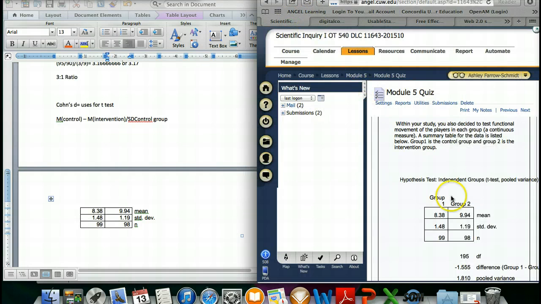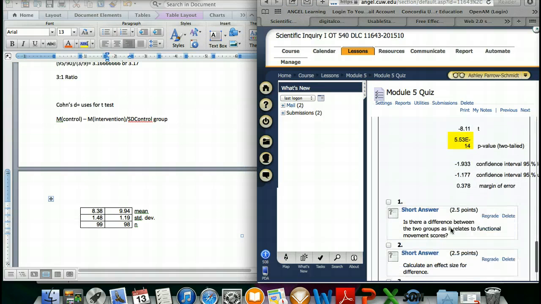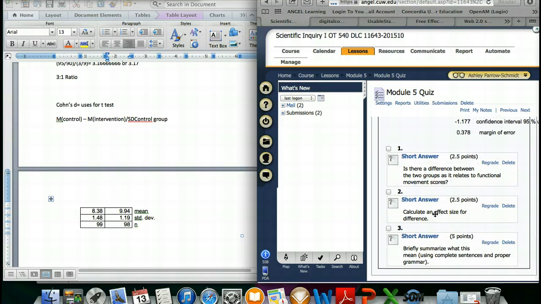Alright, so now that we've calculated the effect size, we came up with 1.6. That's the effect size. Now, essentially we want to know, well, what does that mean? Which is the very last question. So briefly summarize what all of that means.